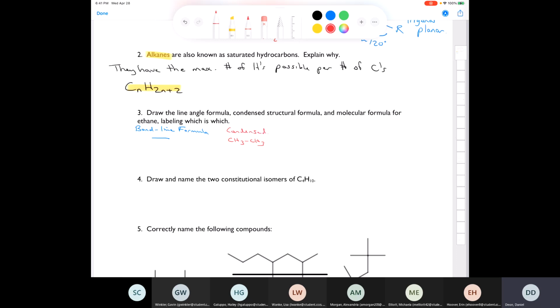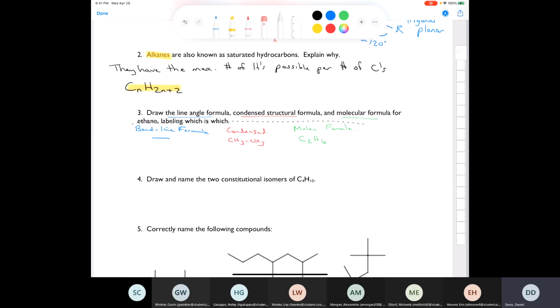And lastly, the molecular formula is just the list of the number of atoms: C2H6. So you need to know the difference between a molecular formula, a condensed structural formula, and a bond line formula, which I called here a line angle formula.